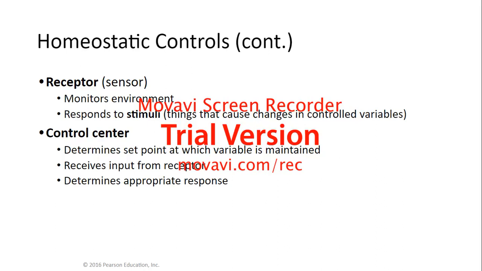Either it's going to enhance the stimulus or it's going to reduce it. Most of the feedback loops in the body are negative feedback loops. There are only a few positive feedback loops in the body.